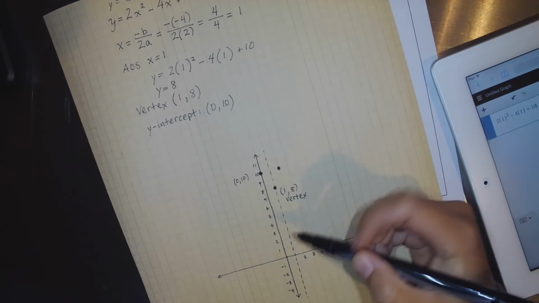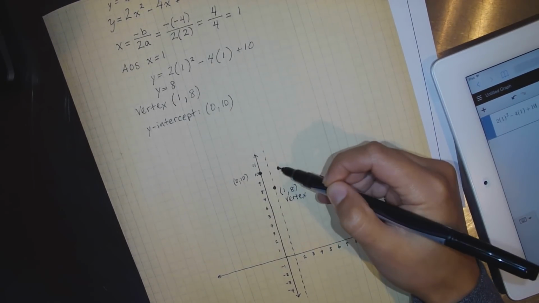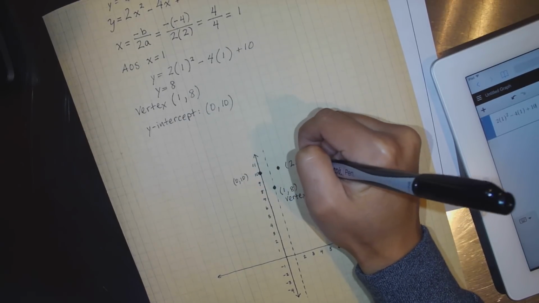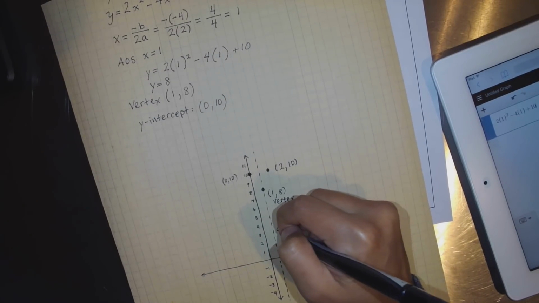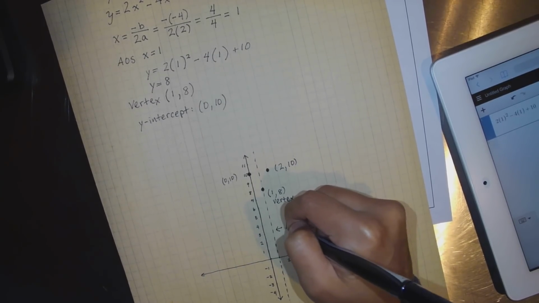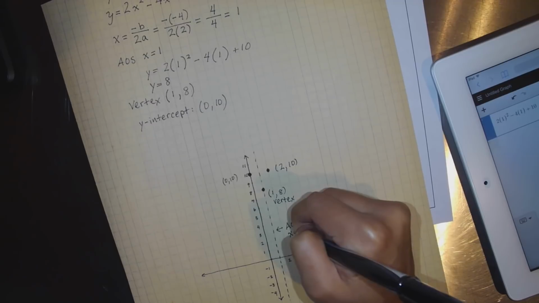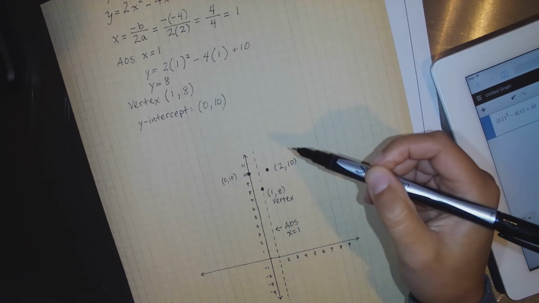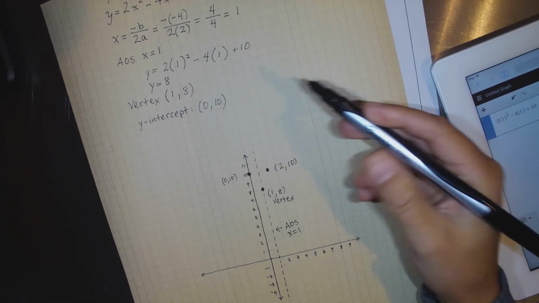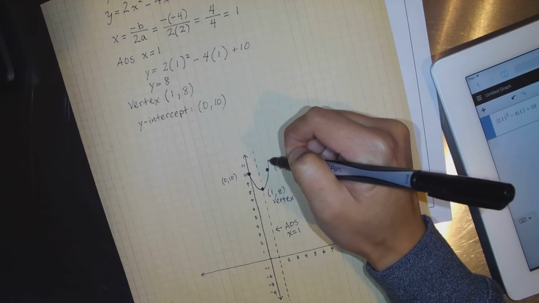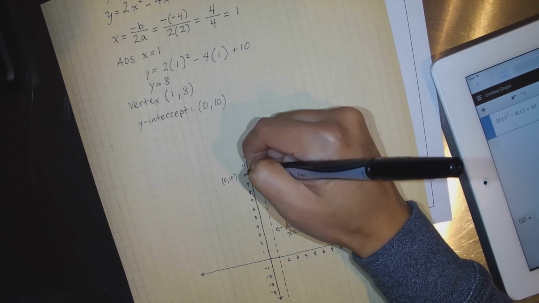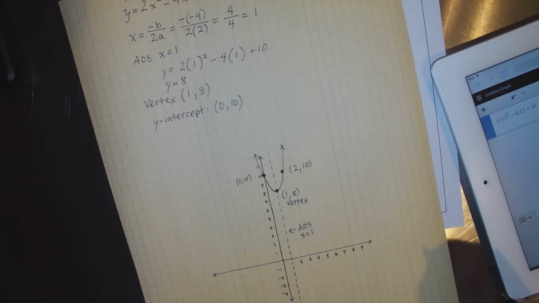And then this other point is going to be 2, comma 10. Also labeling, this is my axis of symmetry, which is x equals 1. And then we can't leave it like this, we still need our parabola. So I'm just going to draw a parabola through this. It should be something like that.